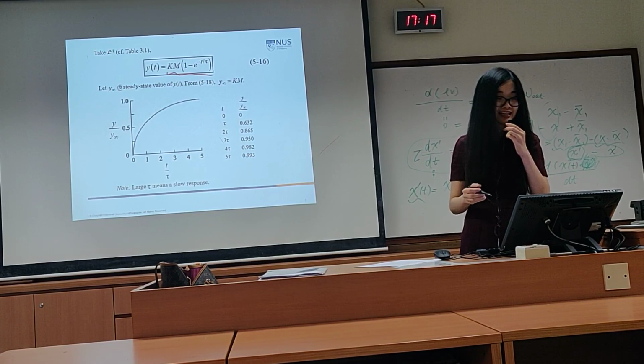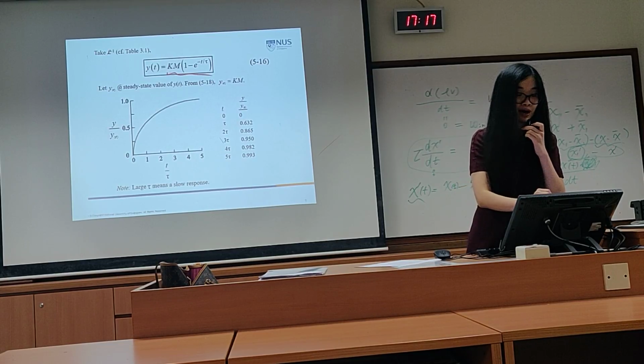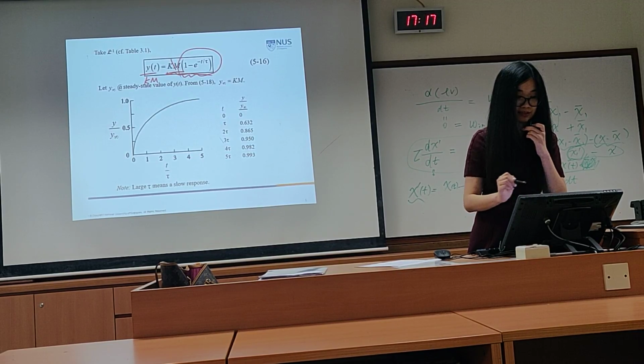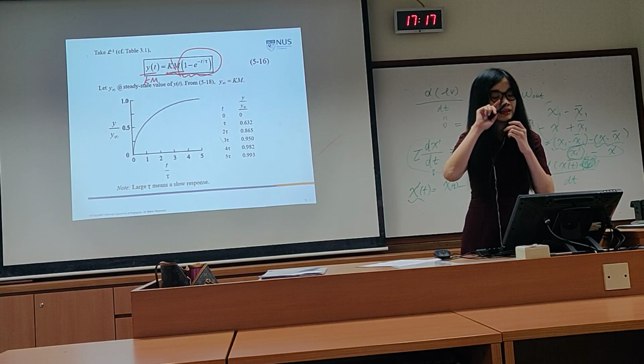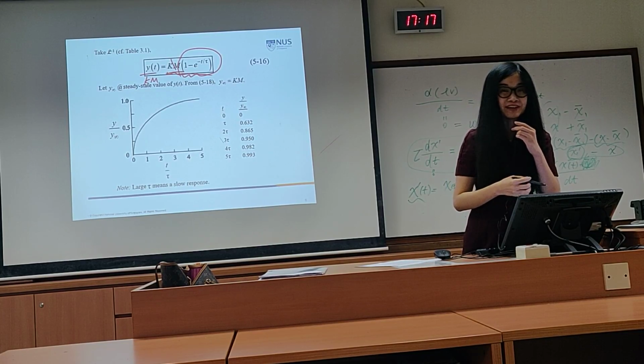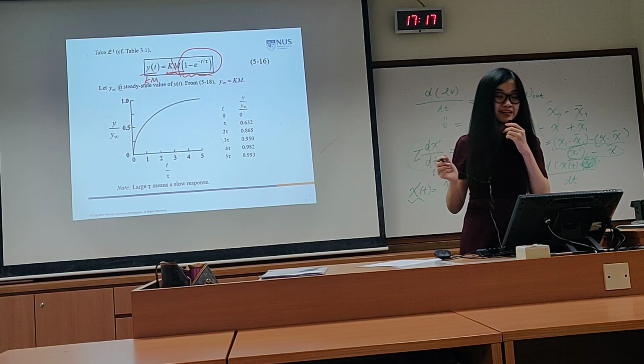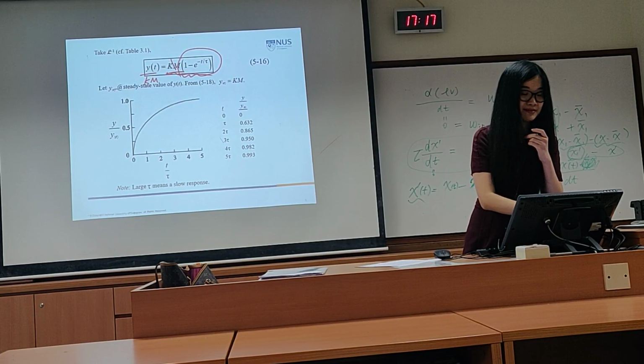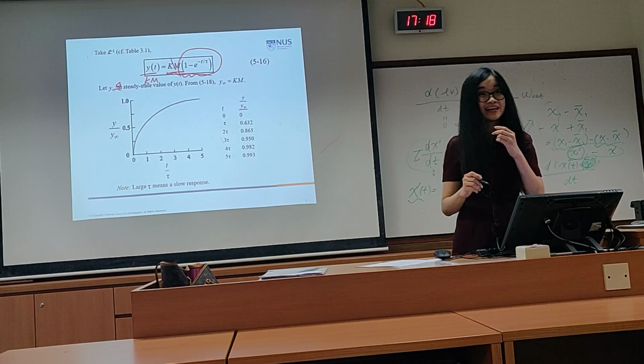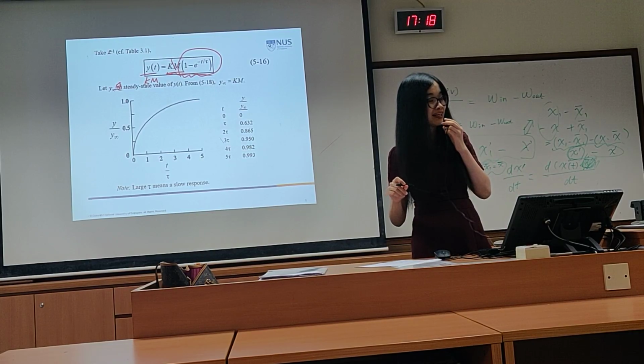Okay, so we discussed in class, if we divide KM on both sides, we get y over KM equals 1 minus this exponent term. And we also discussed if time goes to positive infinity, it becomes a steady state value. So y infinity is the steady state value of y(t).